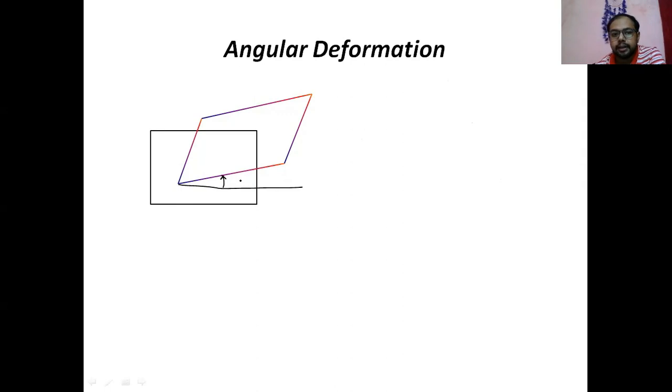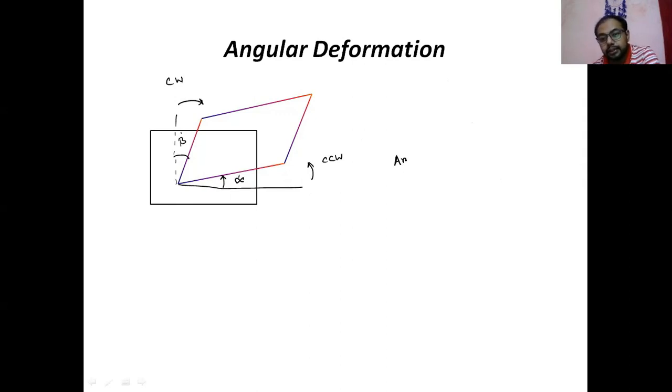This is alpha dot, the rate of change, and here the rate of change is beta dot. But alpha dot is counterclockwise and beta dot is clockwise.